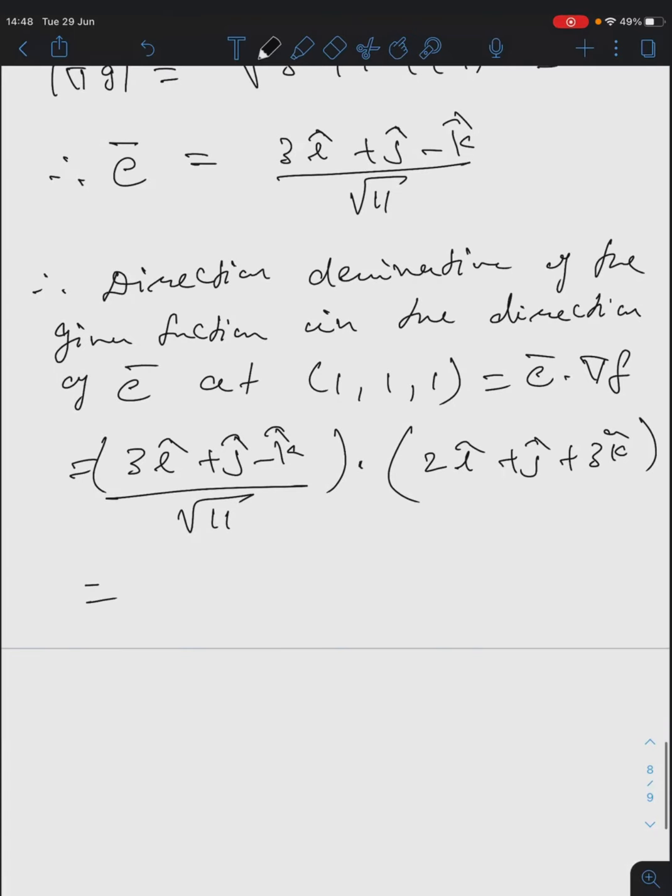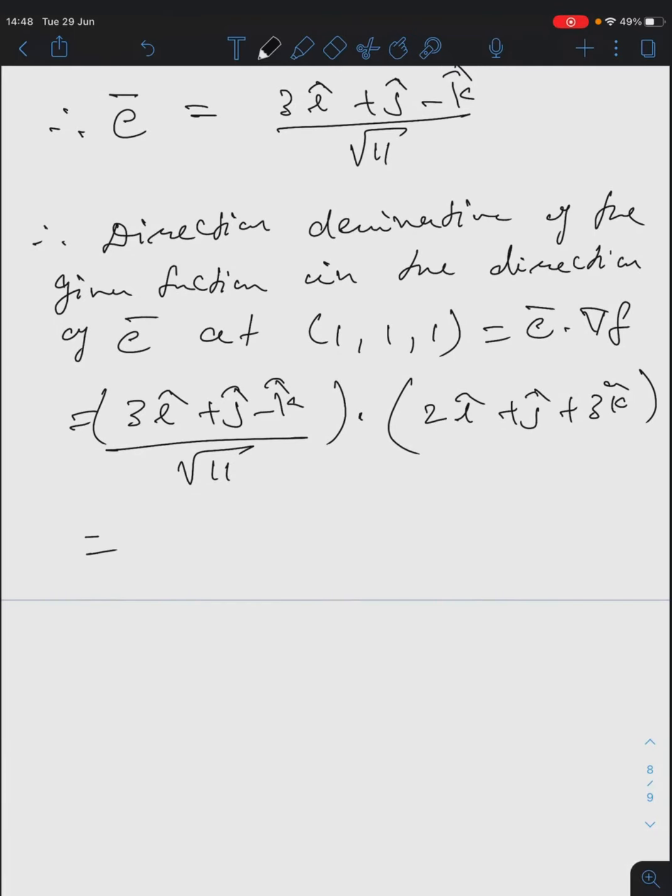Solve it and tell me the answer. 4 by root 11. So this is the answer.